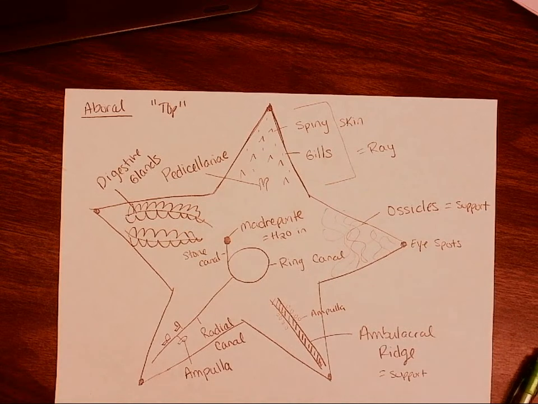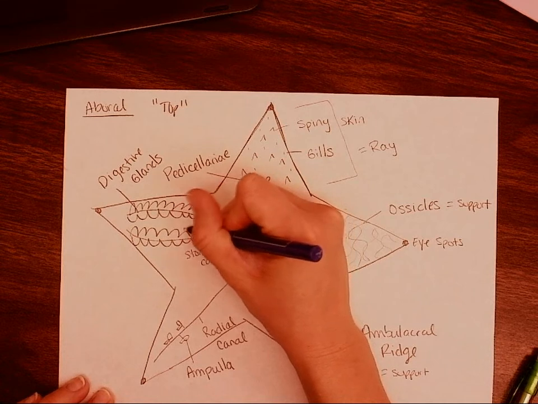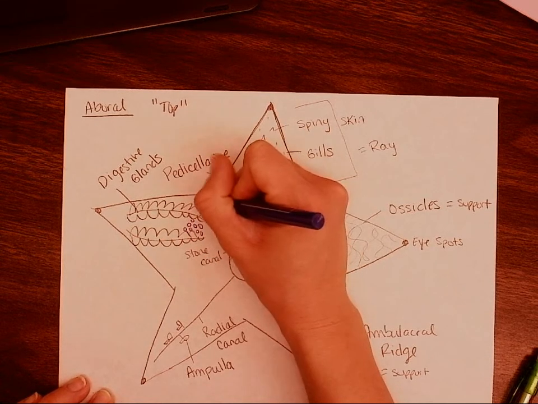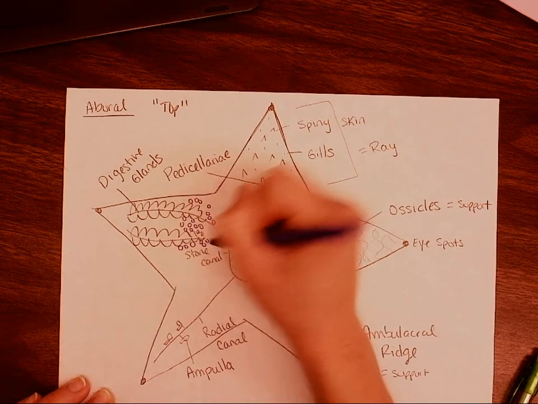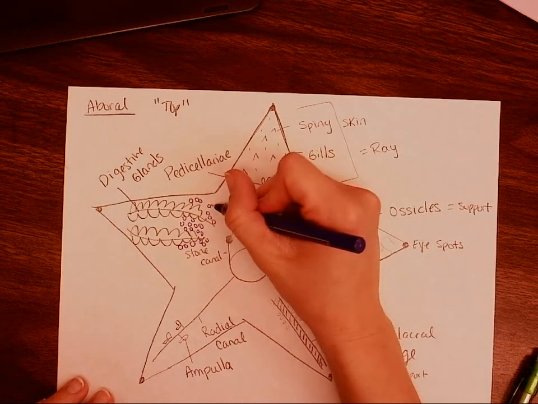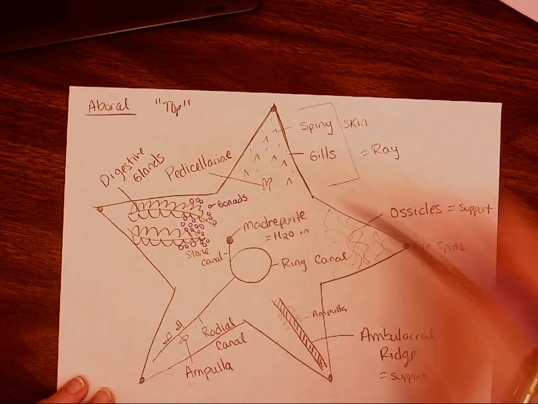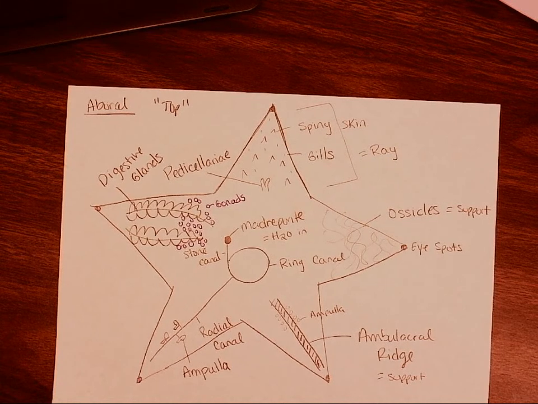I'm going to use a different color here, and I'm going to draw them near our digestive glands. We're just going to draw some little circles going down in here. And once we get those digestive glands out of the way, we should be able to see some gonads, and that's going to be used for reproduction. Not that you can really tell that's a different color in the video at home, but it should work.